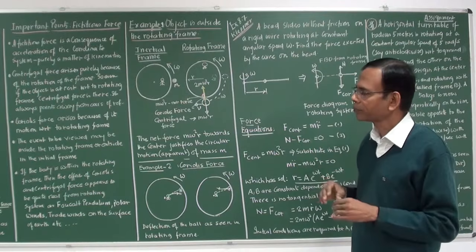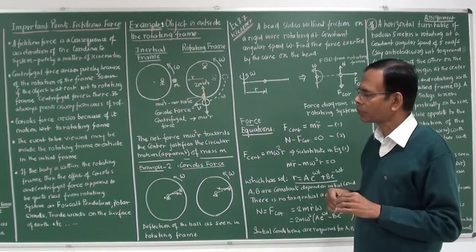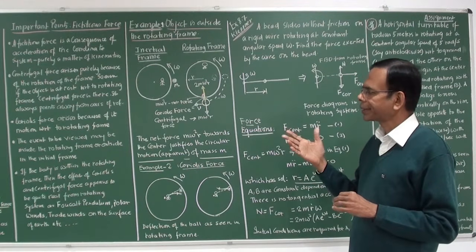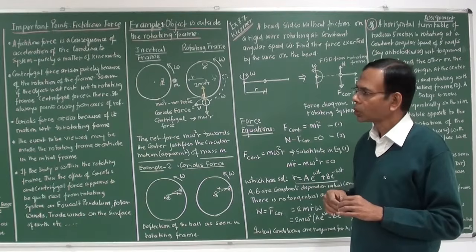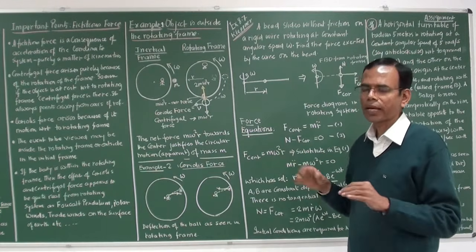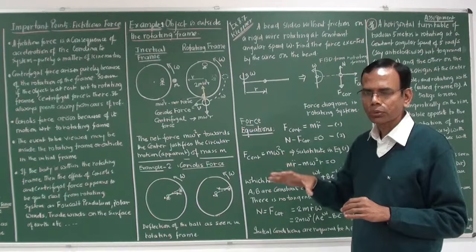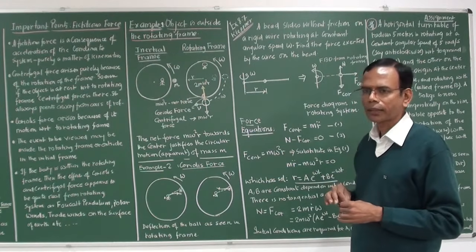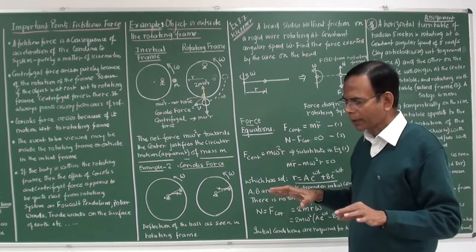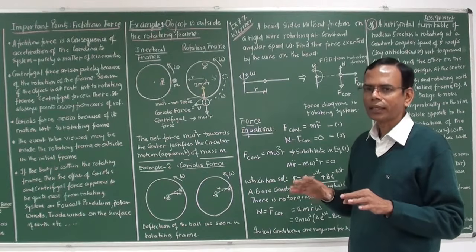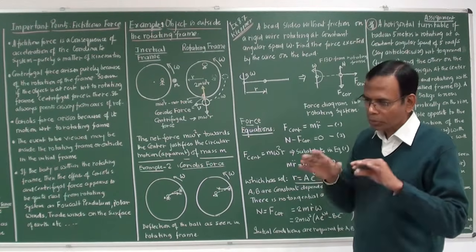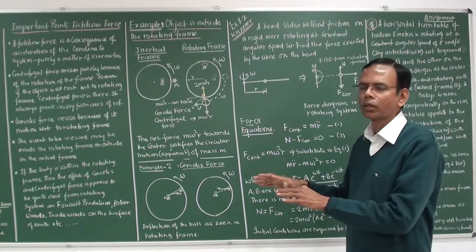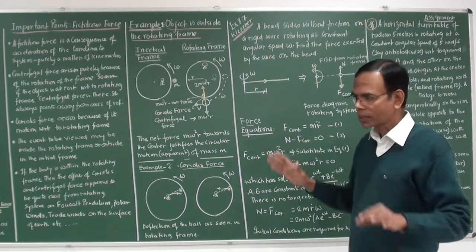The second one is about Coriolis and centrifugal force. There are a large number of examples I have discussed, grouped into different groups. Go through that and try to understand each and every example from both the inertial frame as well as the rotating frame. That will clear your concepts.